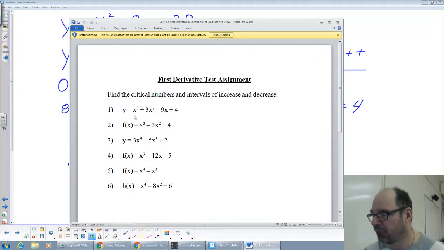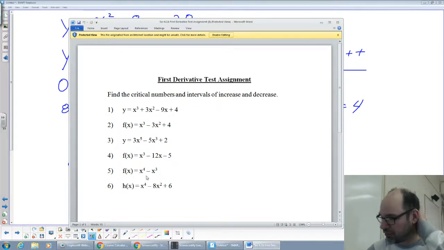Here's one with a cube, one with a fifth power, and so on. For this one, you're going to get 4x cubed minus 3x squared. Don't forget when you're factoring, you can take out common factors first to get your points.